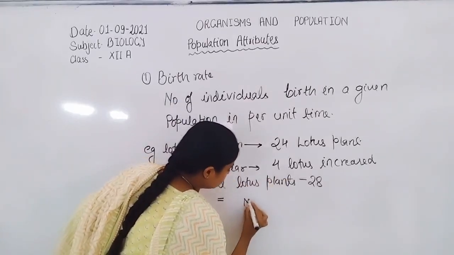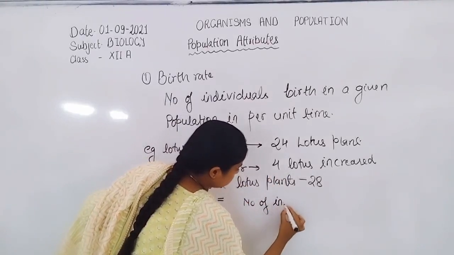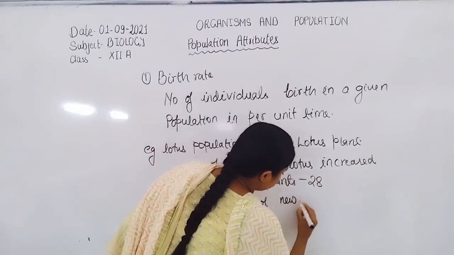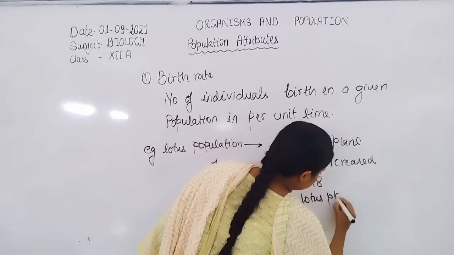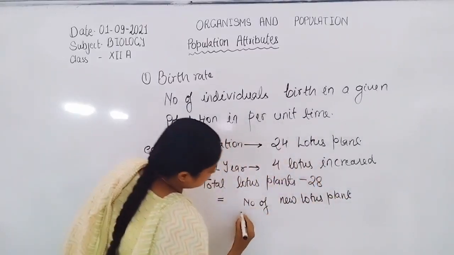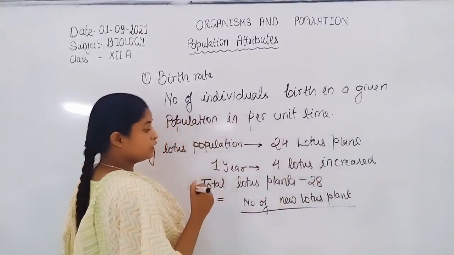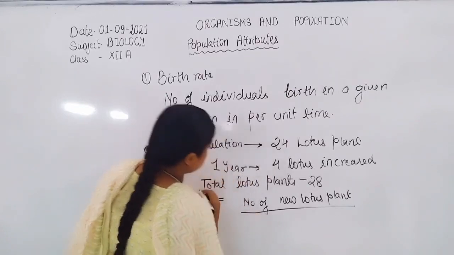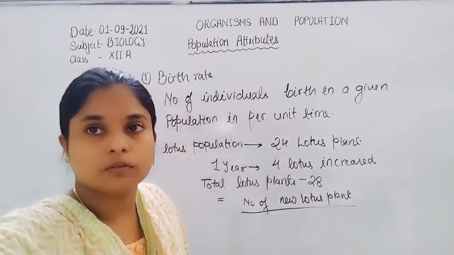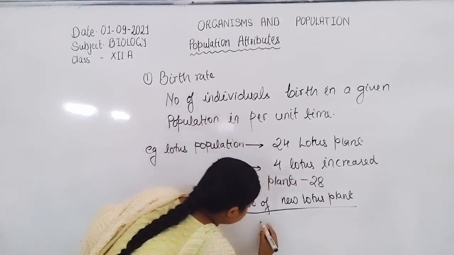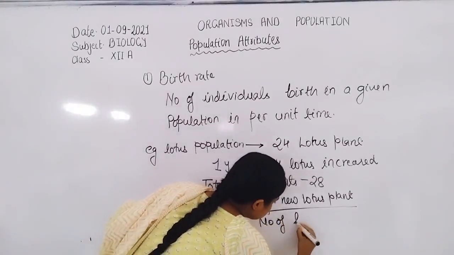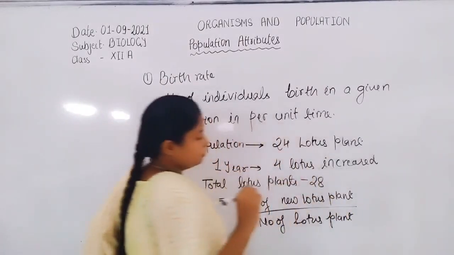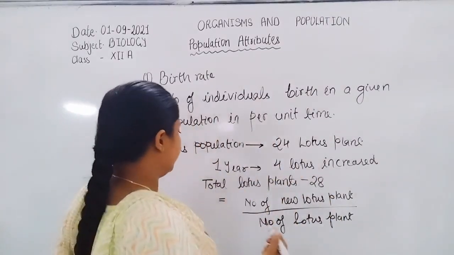The number of new individuals, new lotus plants, born in a year, is divided by the number of lotus plants in the present population before birth, per unit time, that is per year.